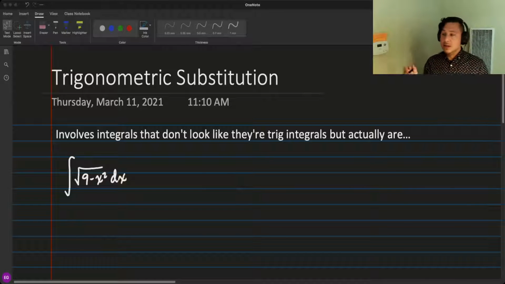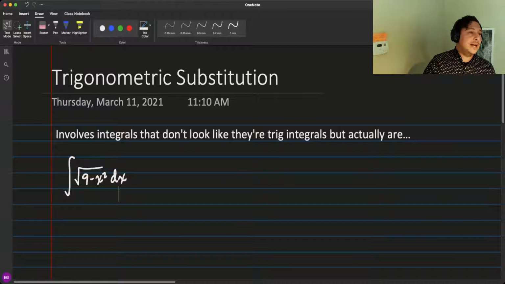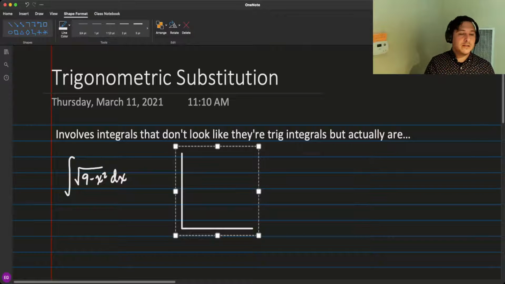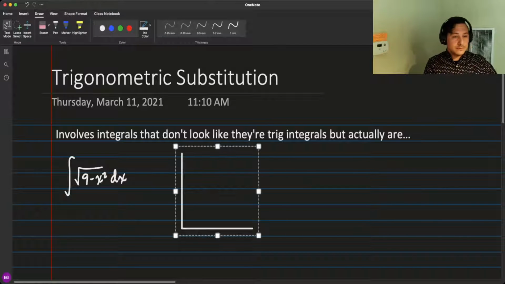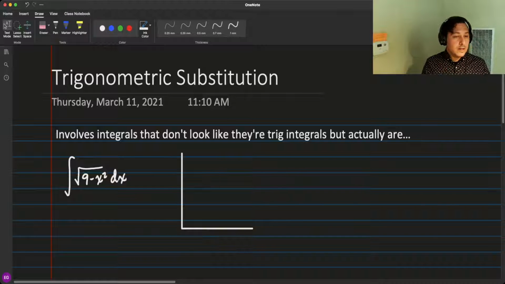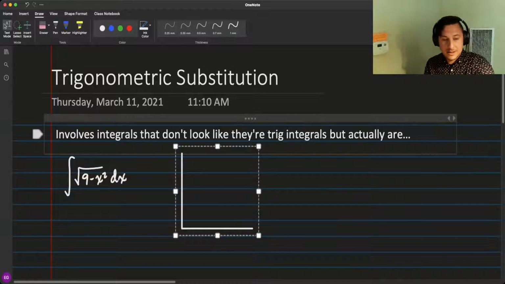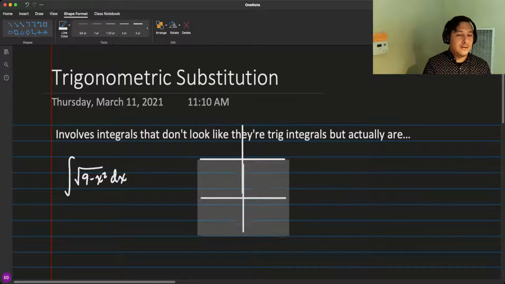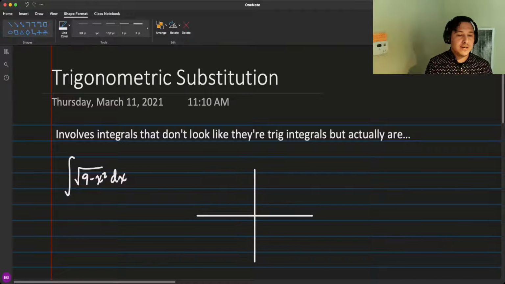I'm saying, looking at this, why should your spidey sense be like, actually, yes, I am expecting this to involve something having to do with trig? Yes, but even more basic than that, because that would require that you actually know something about those trig identities and stuff.